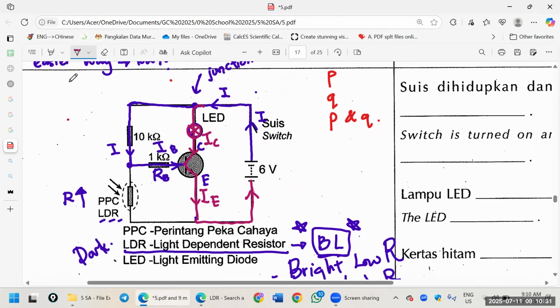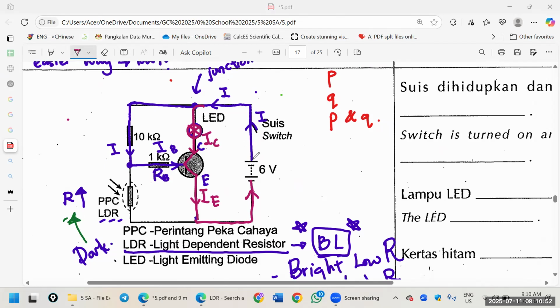Okay, so now I use a green light. This is in the dark.